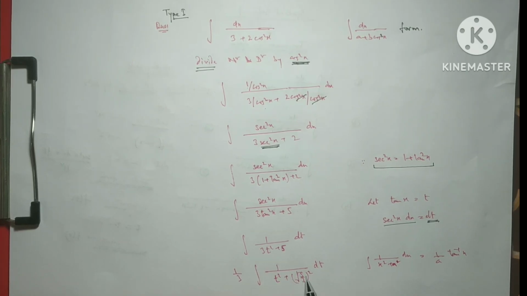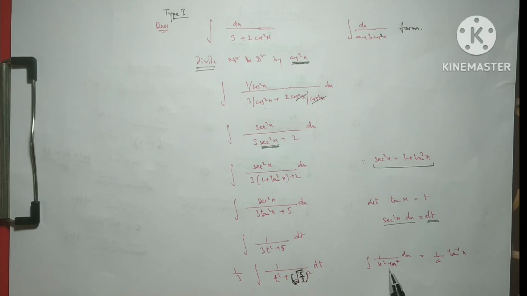But in case we want to show this in square form, we will take under root 5 by 3 square, and it is just like a, and this formula is in the format of 1 over x square plus a square.